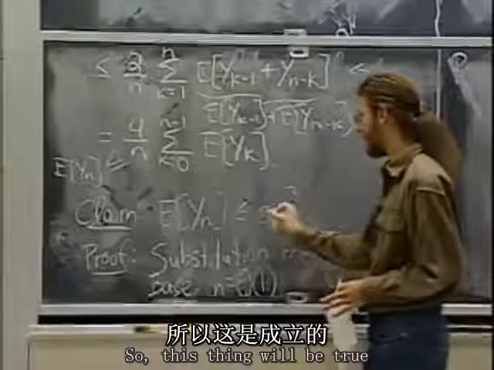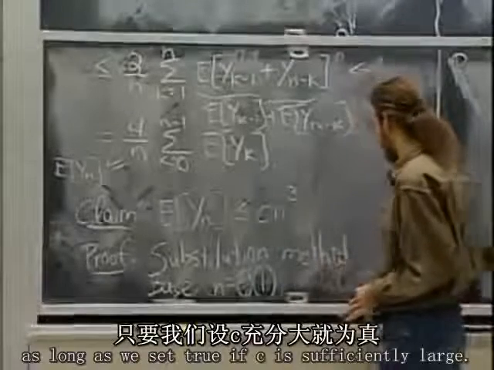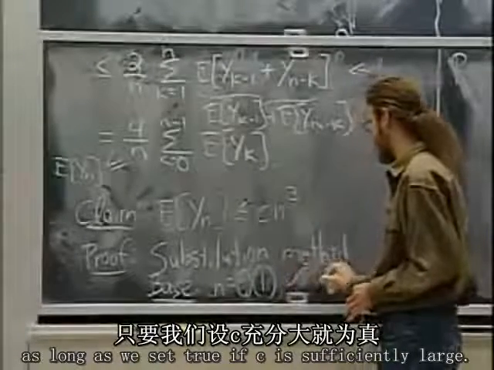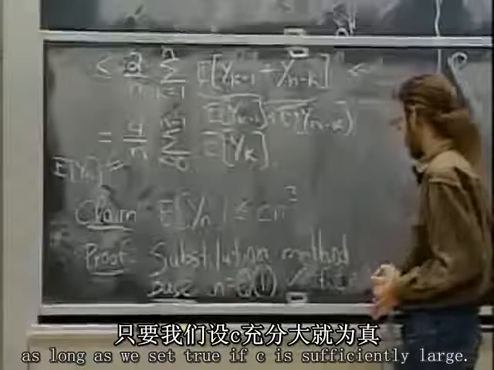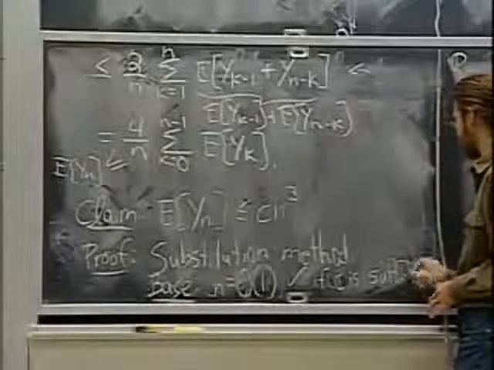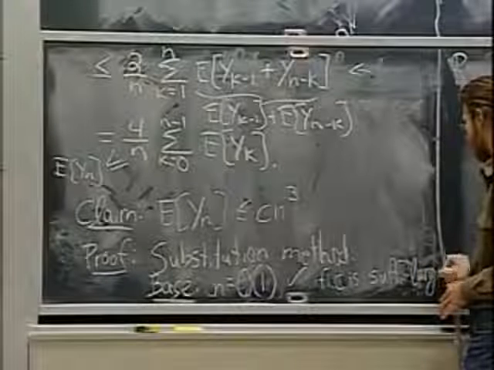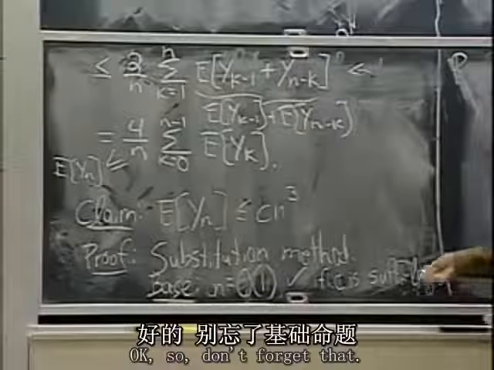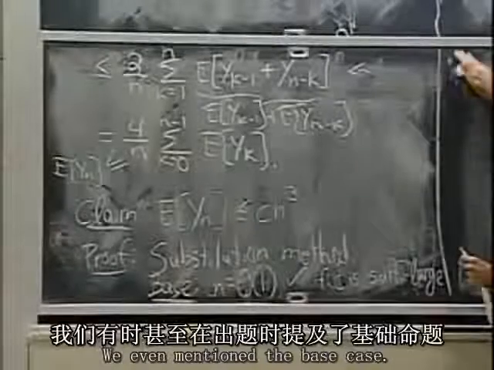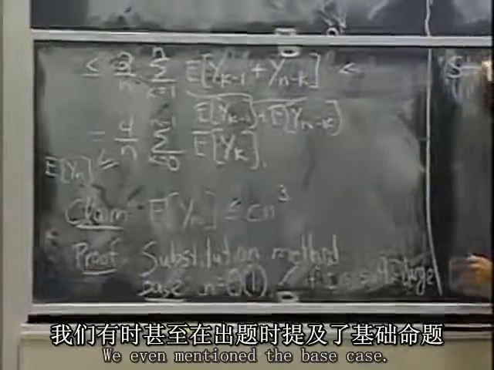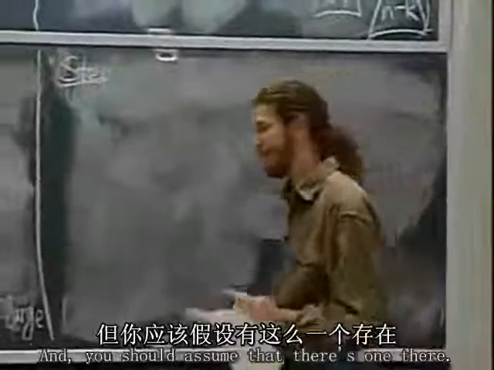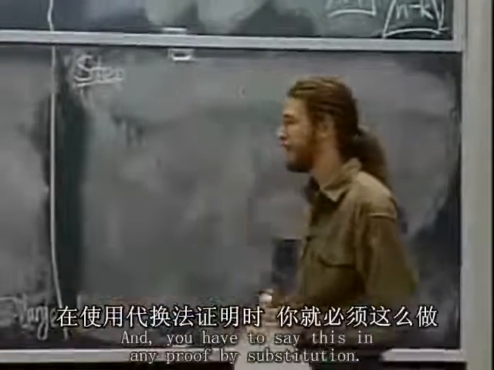So this thing will be true as long as C is sufficiently large. Okay, so don't forget that. A lot of people forgot it on the quiz. We even mentioned the base case. Usually we don't even mention the base case, and you should assume that there's one there, and you have to say this in any proof by substitution.